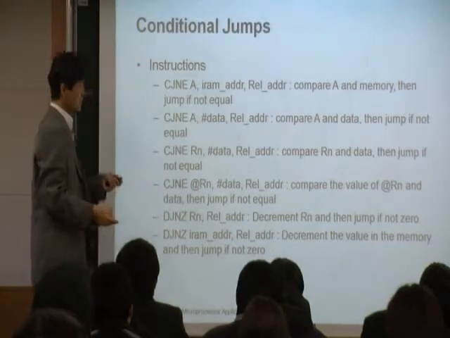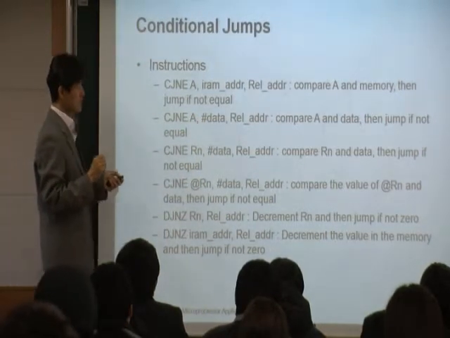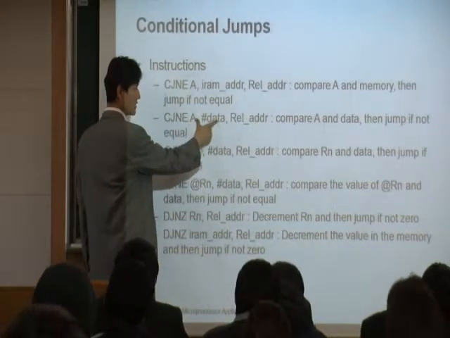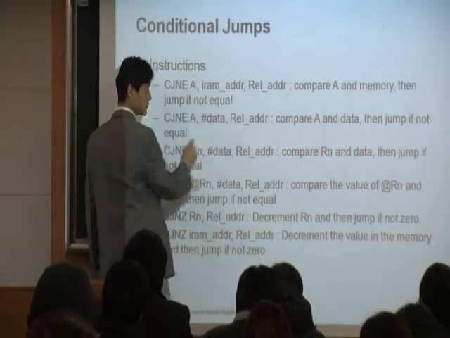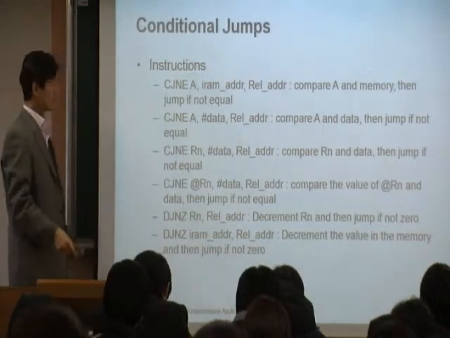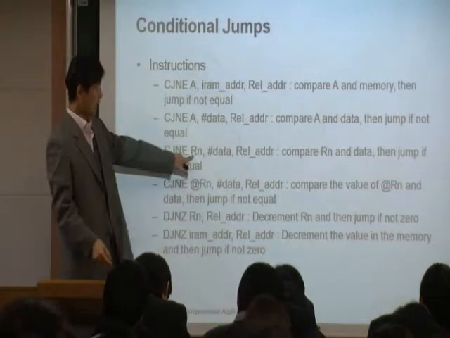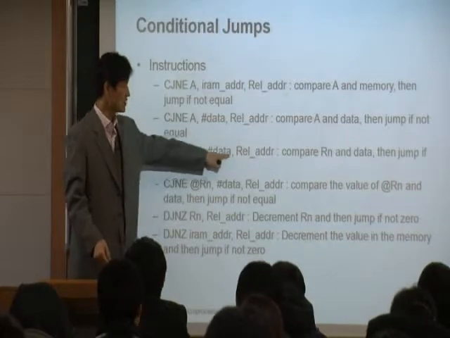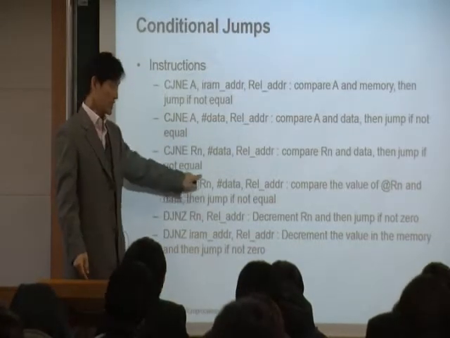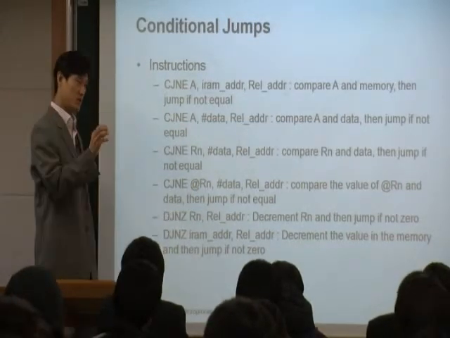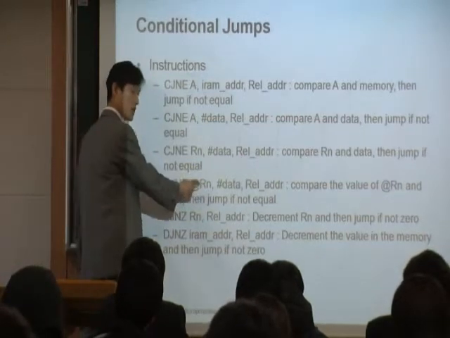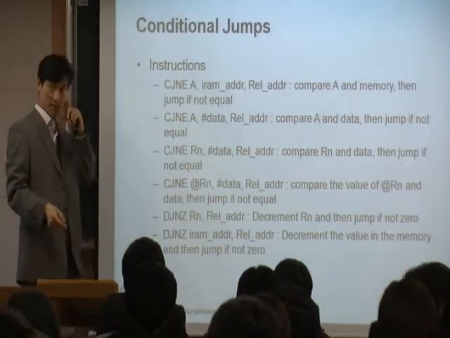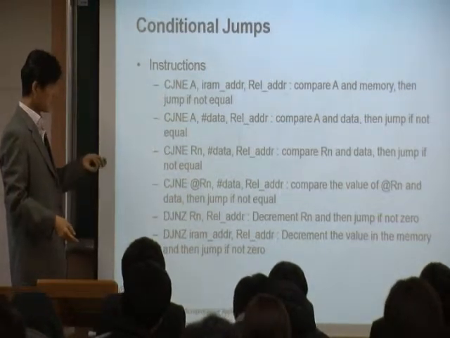So this is the immediate value, not the direct address. So if A is not the same as the immediate value, then you jump to the relative address. Same thing here. If the R0 or R1 register value is not the same as this one, then you jump. This is the indirect address. If the value at this indirect address is not the same as this one, then you jump. Okay? So those are pretty much the same.